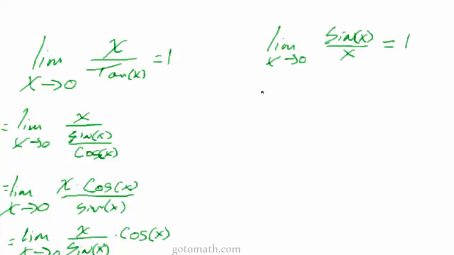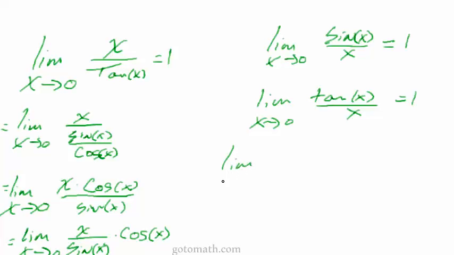All right. In the previous section, we showed that the limit as x approaches 0 of tan x over x was equal to 1. So we could actually just use that, right?